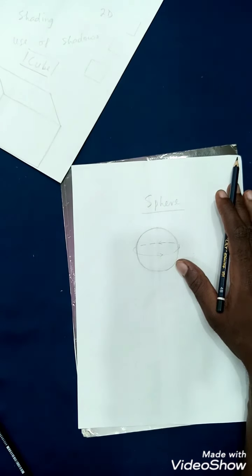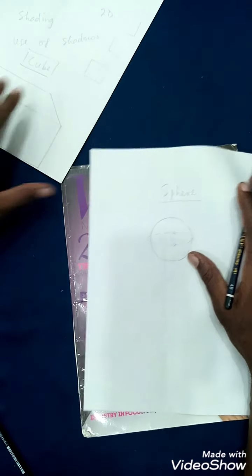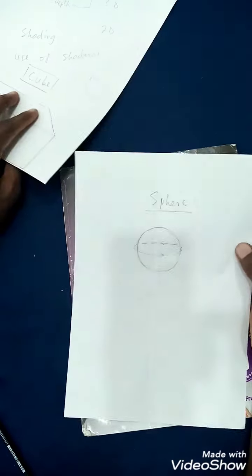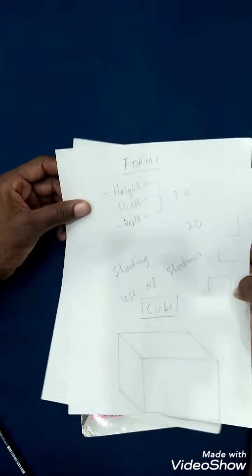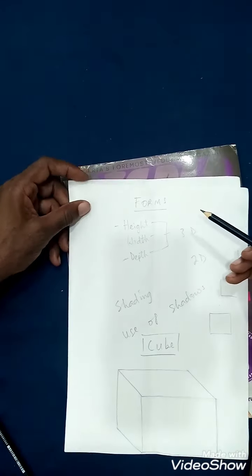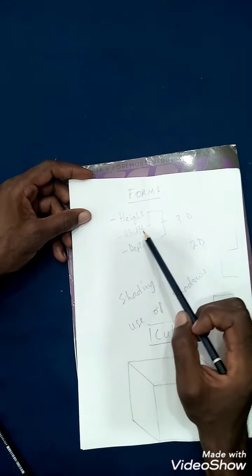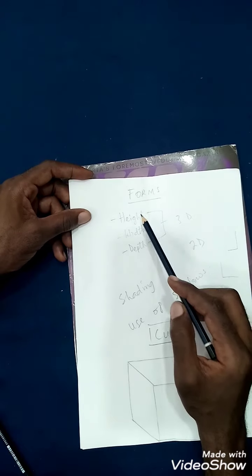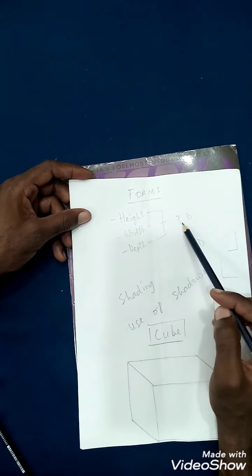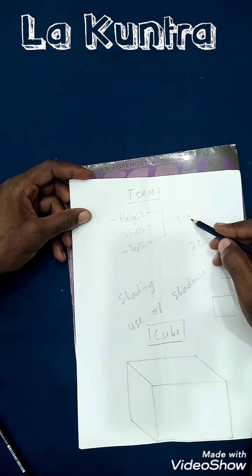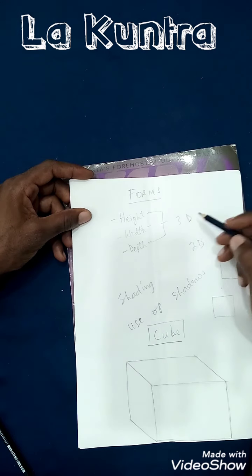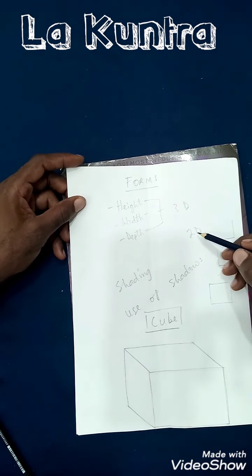And like I said, every object can be broken down into these 4 basic forms. So to do a recap, an object can be said to have form when it has height, width, and depth. These 3 components combine to give a form 3 dimensions.